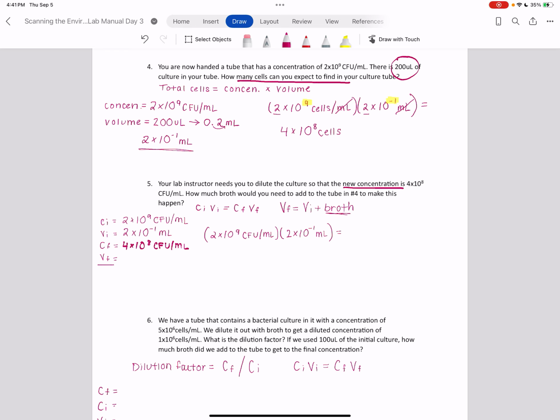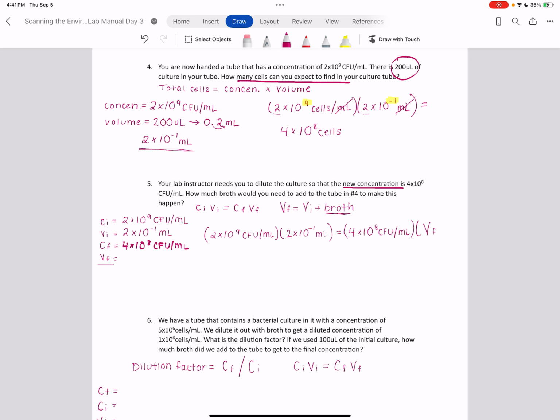Set that equal to our final concentration, which we know is 4 times 10 to the 8th CFU per ml, multiplied by our final volume, which we will have to solve for.